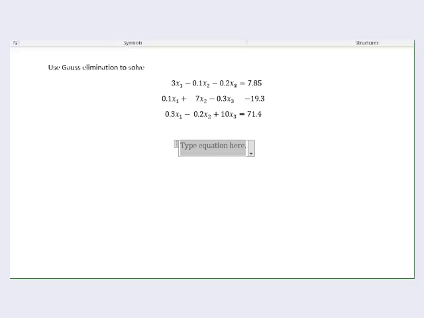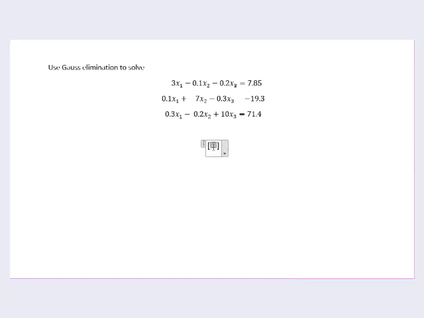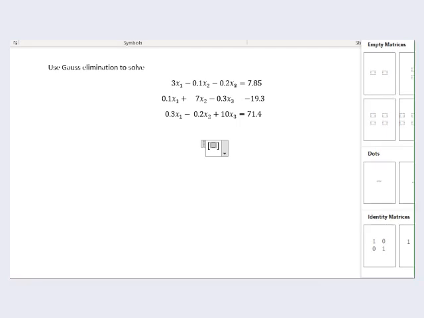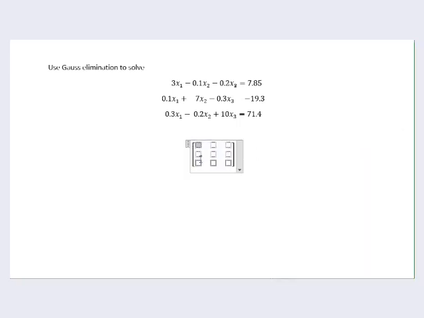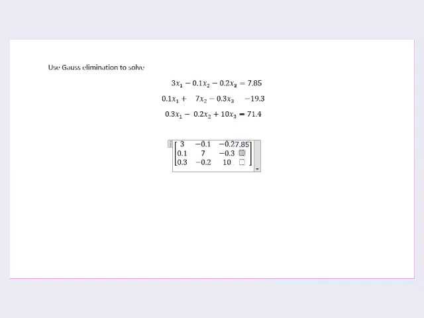The A matrix is 3, minus 0.1, minus 0.2; 0.1, 7, minus 0.3; 0.3, minus 0.2, 10, and then we augment it with B, which is 7.85, minus 19.3, 71.4.